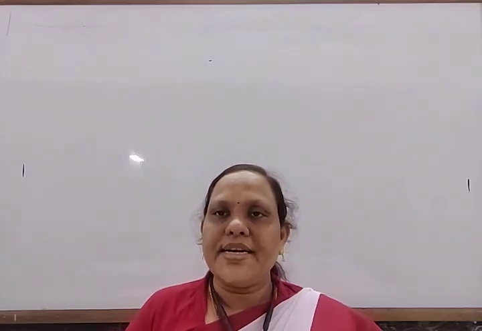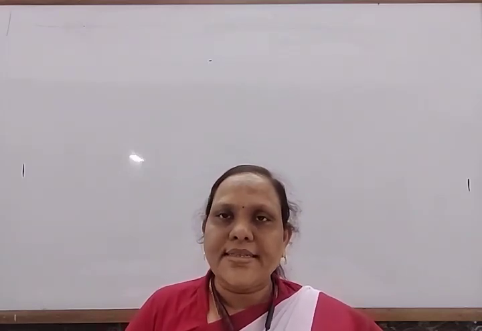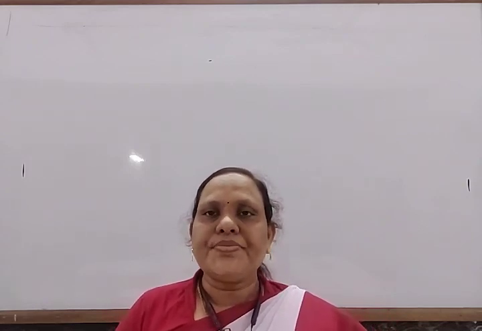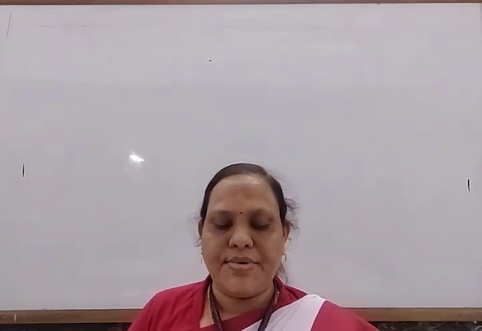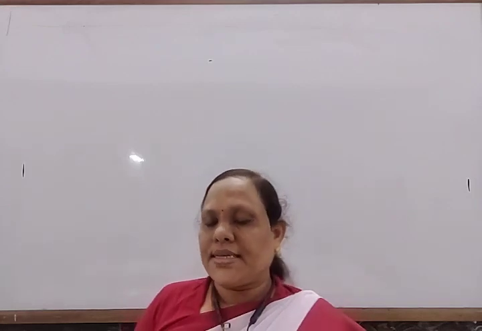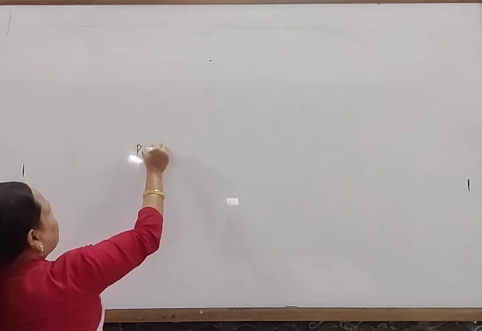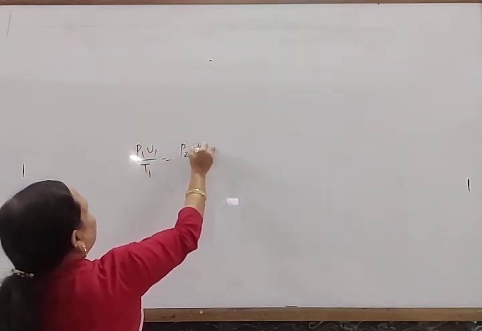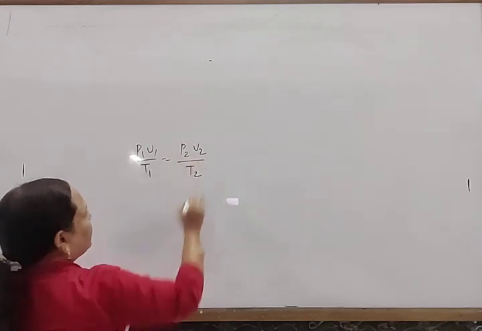Good morning, dear students. Last class we studied the combined gas equation and the ideal gas equation. The combined gas equation is P1V1 by T1 equal to P2V2 by T2.